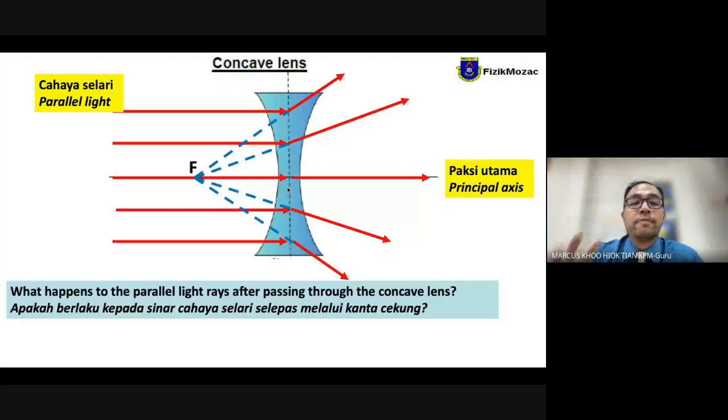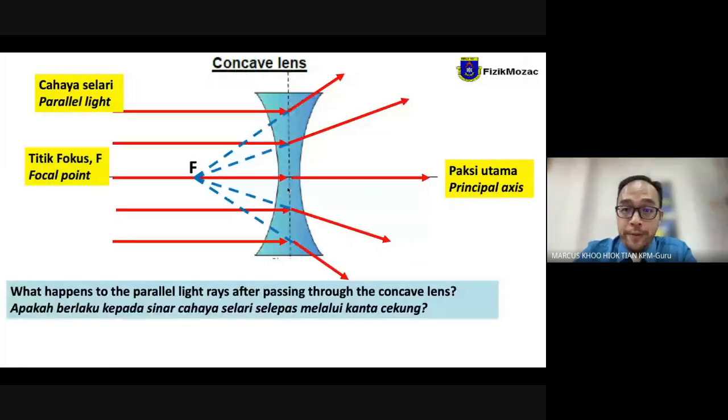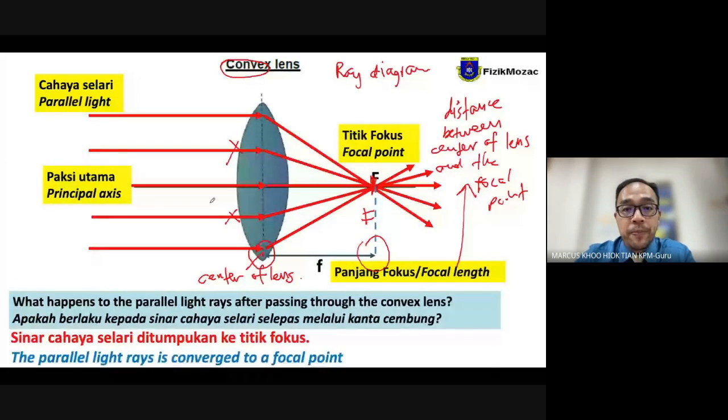So the point is all the same. This F, although it's on the other side of the lens, is still called a focal point. And the distance between F and the center of the lens, just like the convex lens, is still called the focal length. They are all called the same thing.